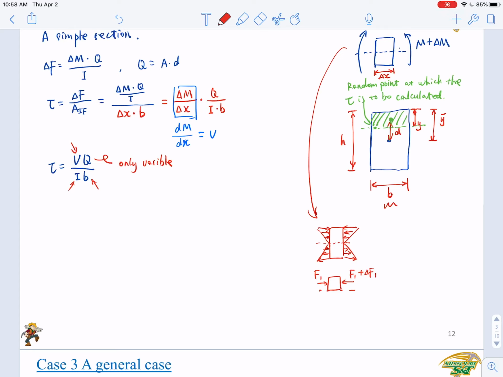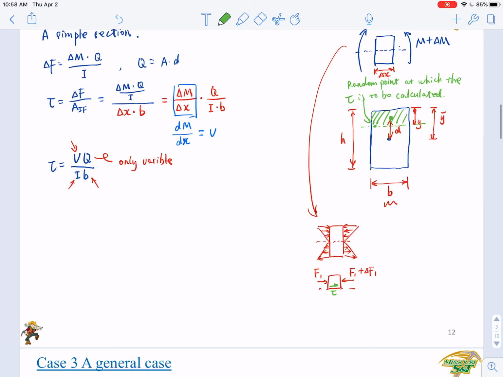So the direction of the force will be pointing left. So the direction of the tau or the V will be pointing right.